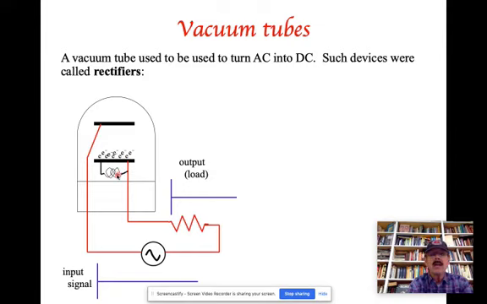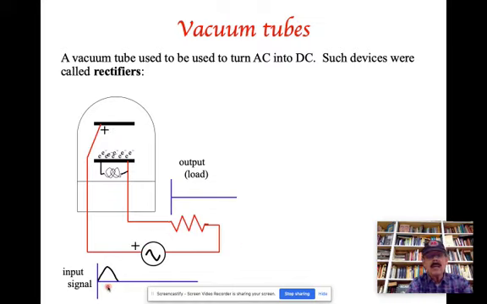Once that heater circuit gets red hot, it effectively boils electrons and it makes for free electrons in this region right here. So if you can do something that will actually motivate those electrons to jump this gap, you will get current in that circuit. So the question arises, how might you do that?